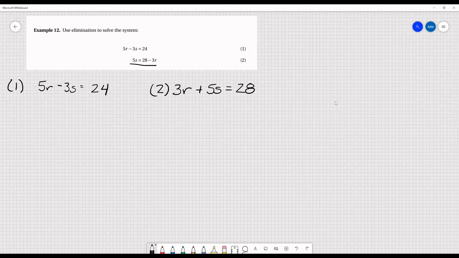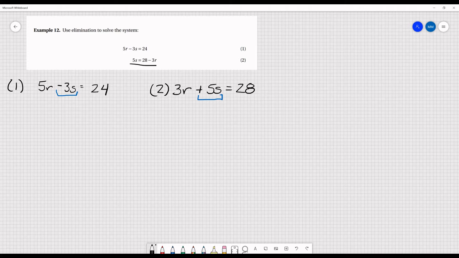Next, I want to decide who I am going to eliminate. My candidate here, the one I notice, is s. I have a negative 3s here and a positive 5s there. The signs are already opposites of one another, so all I need to do is fix that number so that they're the same.